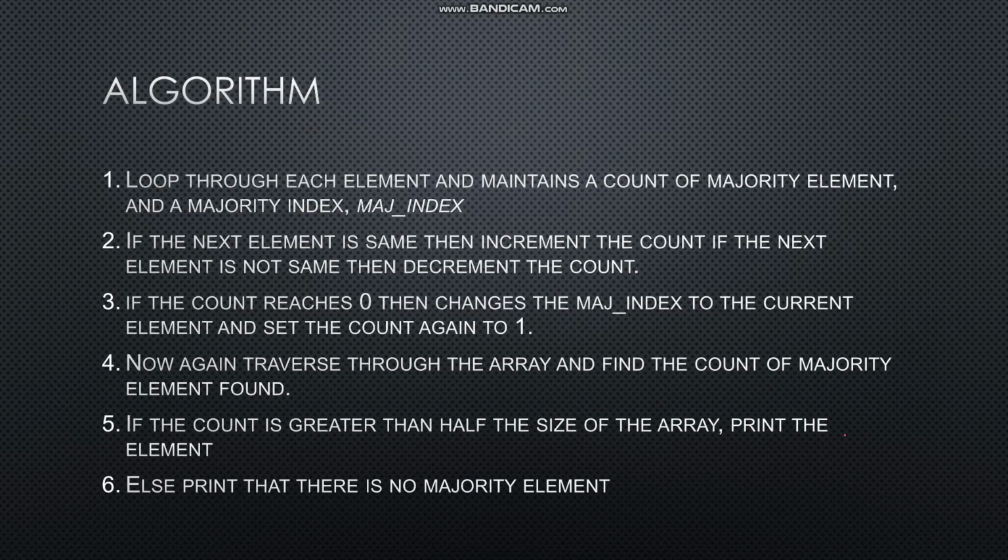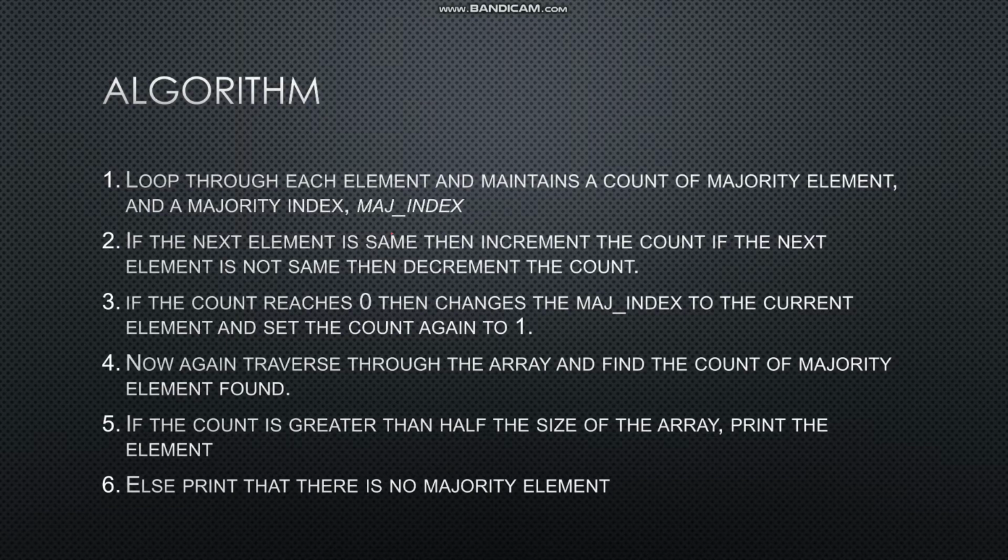So moving on to the pseudocode, or the algorithm, of how we will implement it. We will loop through each element and maintain a count of the majority element and majority index. If the next element is the same as the current element, then we will increment the count, and if not, then we will decrement the count.